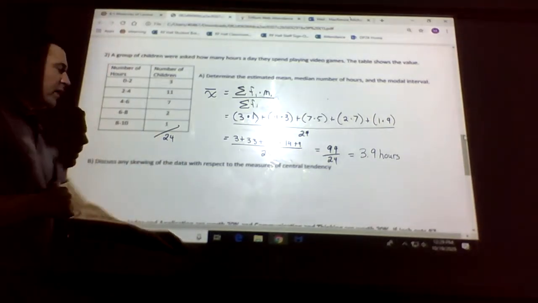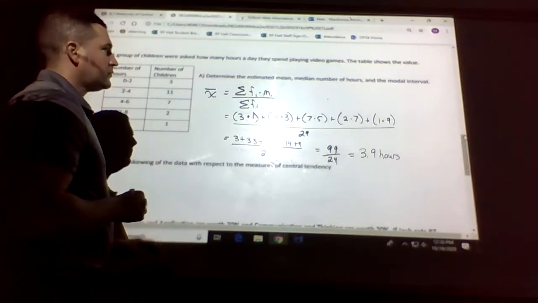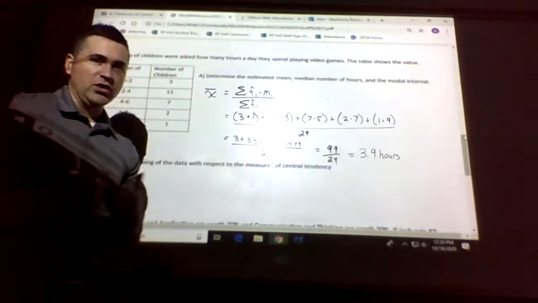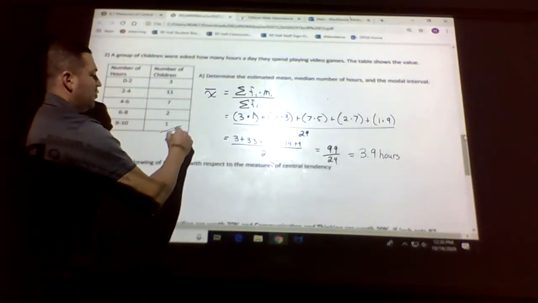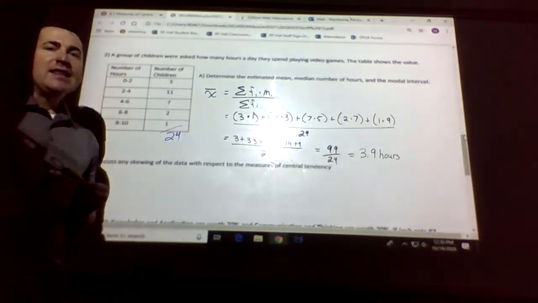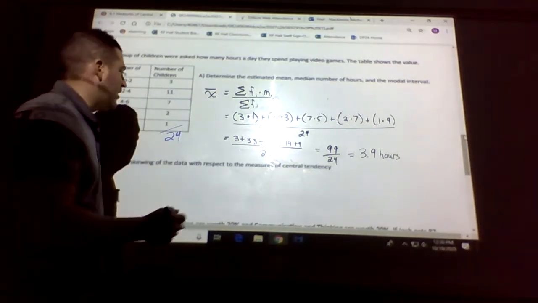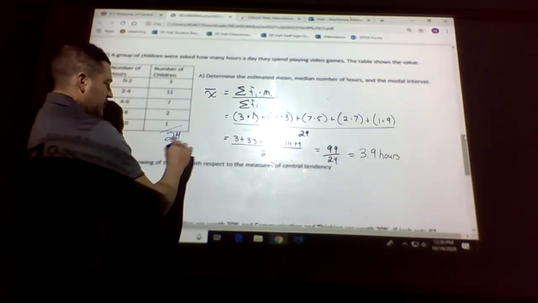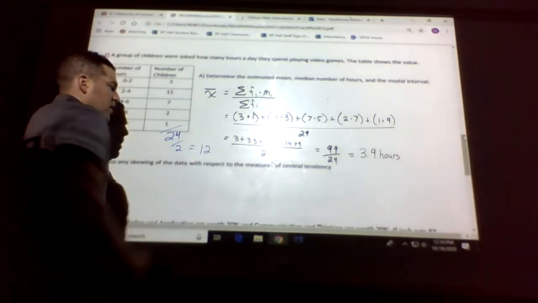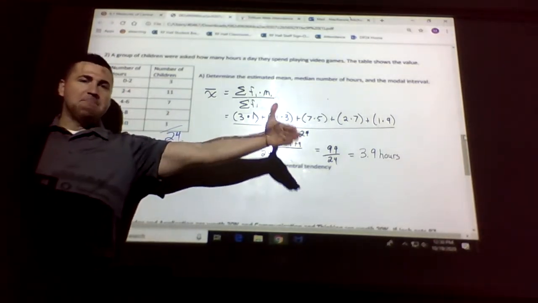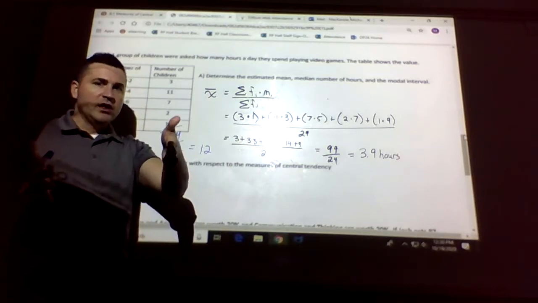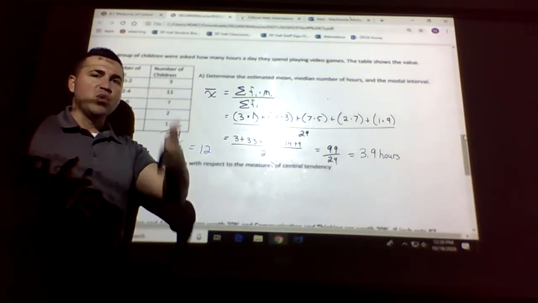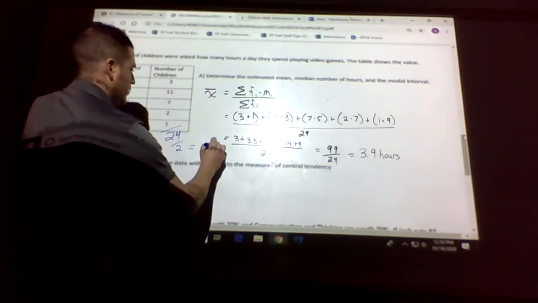Okay, this one's a little bit tricky. We have to find where the middle value is. If we have 24 entries, then the middle entry would be at 12. So half of this is 12. We have to know where the 12th entry is.